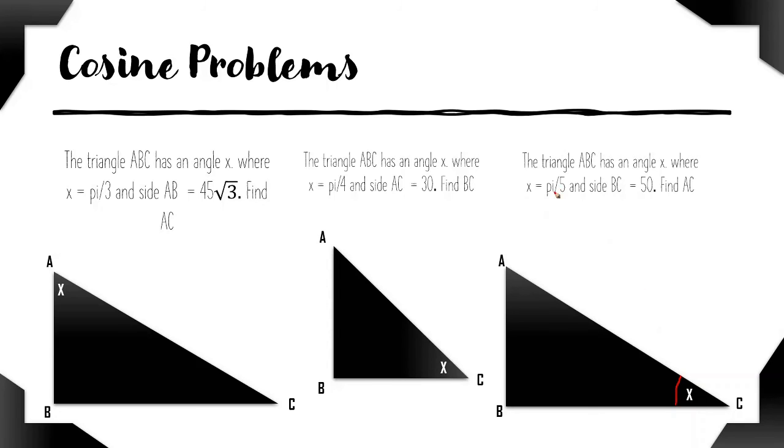So pi over 5, which is equal to, so 180 divided by 5 is equal to 36. And BC is equal to 50. We need to find AC, which is y. We're just going to write y for our answer. So that means that 50 is adjacent.